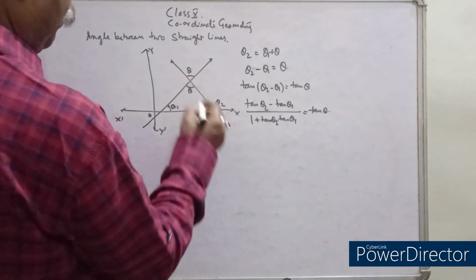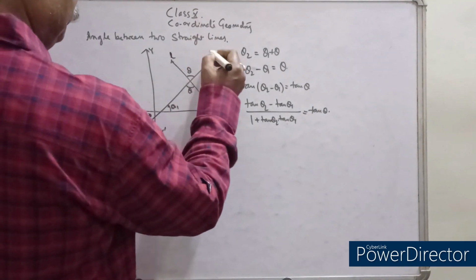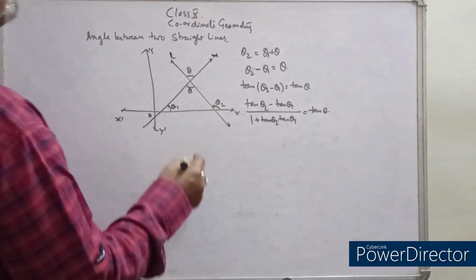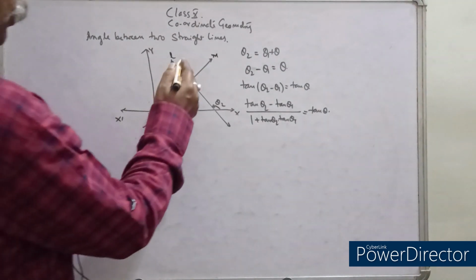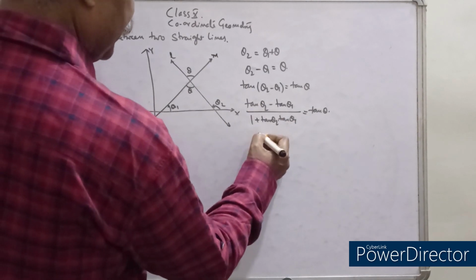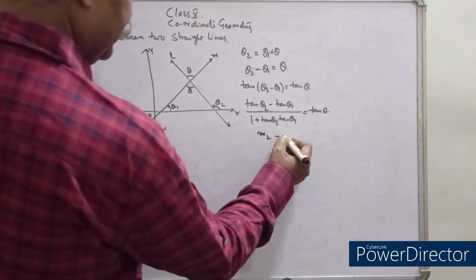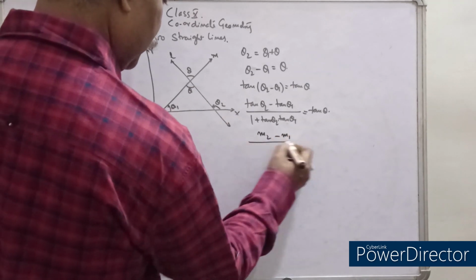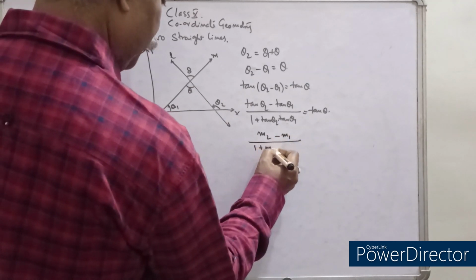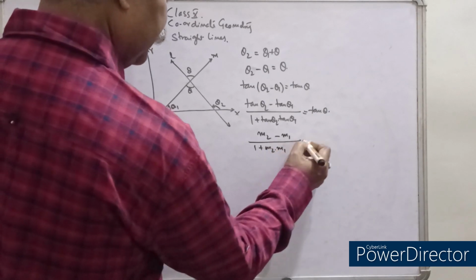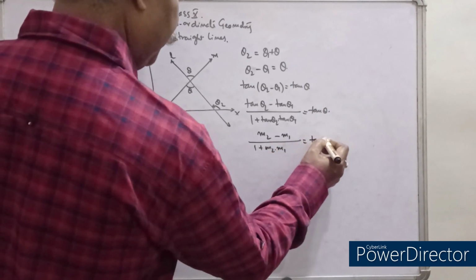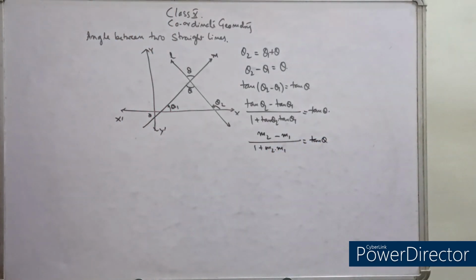Let us consider these two straight lines L and M. For the straight line L, the slope is tan theta 2, that is m2, and tan theta 1 is m1. So (m2 minus m1) by (1 plus m2 into m1) is equal to tan theta. This is the formula to find out the angle between two straight lines.